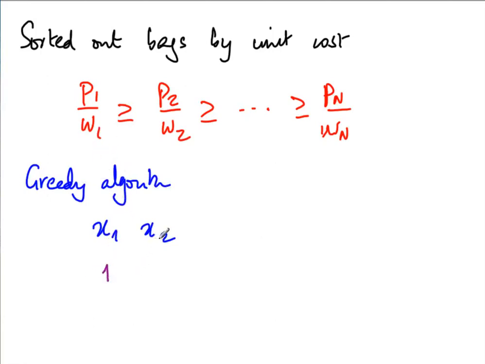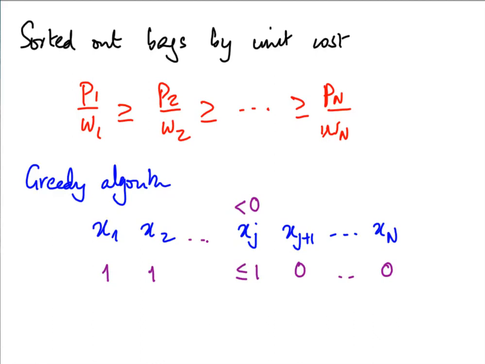Then we would pick up as much of x2 as possible, and so on until we reach some xj where we are not able to pick up the entire bag. So we will come to some xj where we will typically pick up a value which is smaller than 1 but bigger than 0. And after j we don't look at anything because our knapsack is full. So we have all zeros.